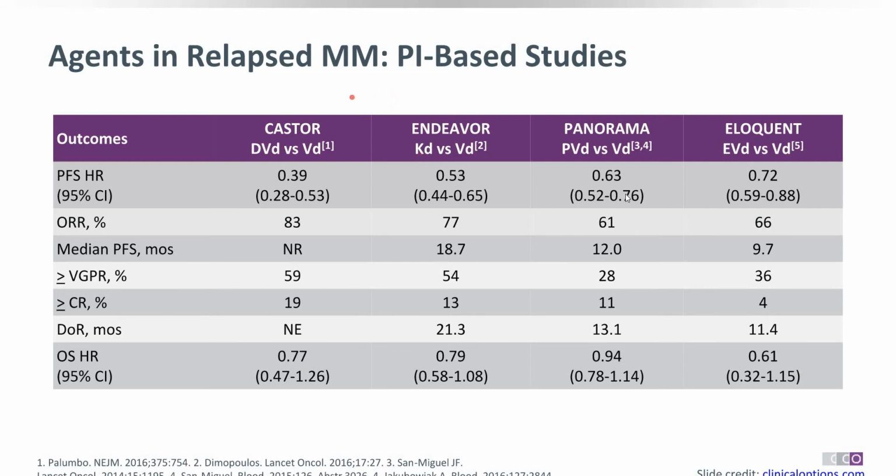However, all the other 3 trials where they have used a triplet, in the long-term later updates of Castor, Panorama, Eloquent, they are all showing a favorable response. Maximum response is with daratumumab. So daratumumab is the wonder drug, as we can see after 2-3 lines. So this drug needs to be added.